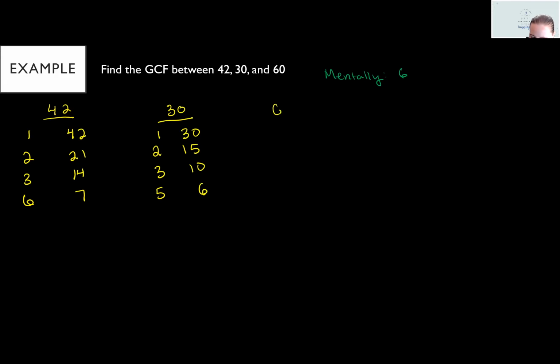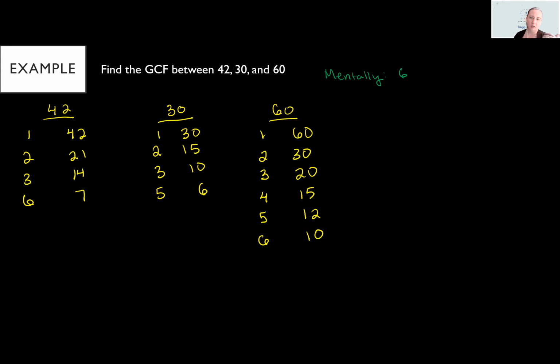And then 60. 1 times 60 gives you 60. 2 times 30. 60 divided by 3 is 20. 60 divided by 4 is 15. 60 divided by 5 is 12. 60 divided by 6 is 10. Does it divide by 7? I don't believe it divides by 8. No, divides by 9. And then we're back to 10.